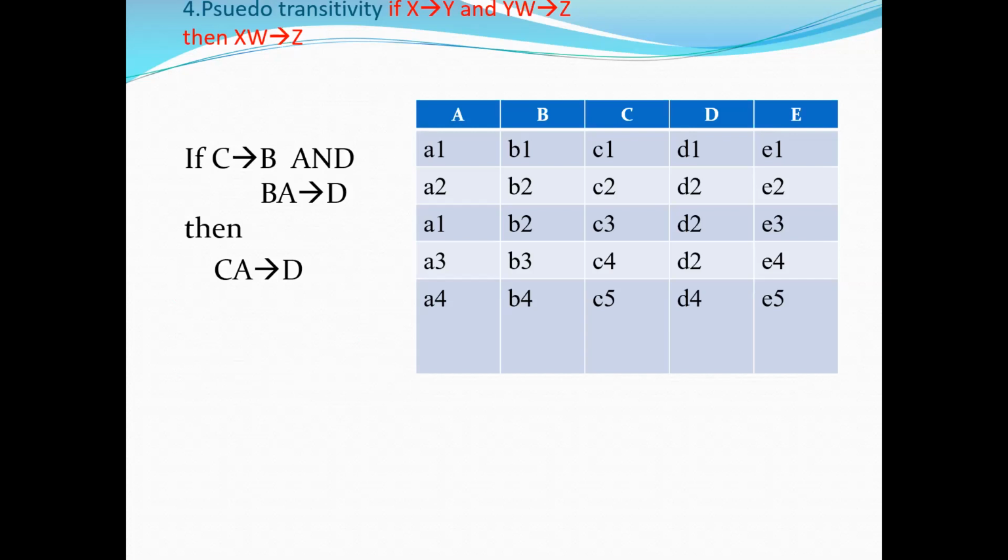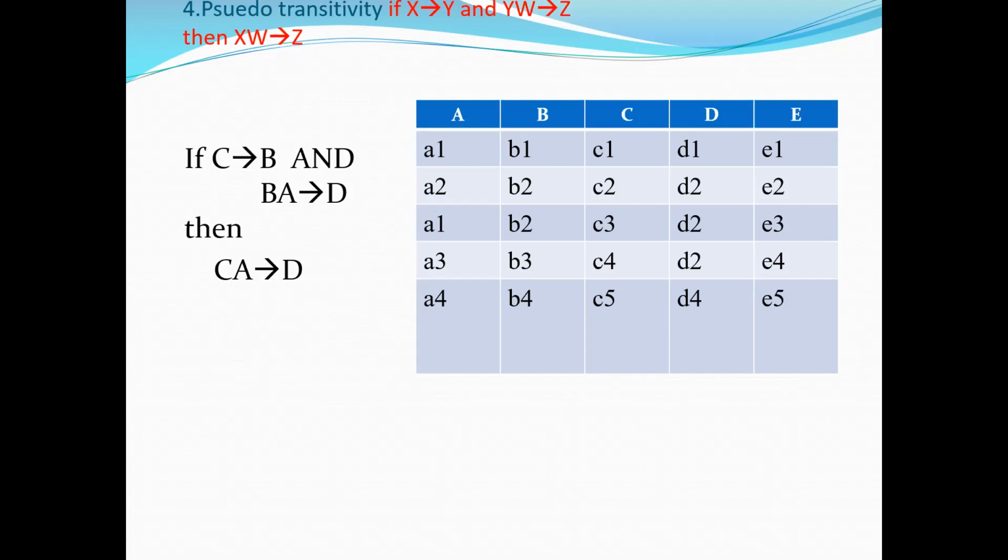That is, C1 A1 pair corresponds to value D1, no other C1 A1 pair exists, right? C2 A2 corresponds to value D2, no other C2 A2 pair exists. C3 A1 pair corresponds to D2, no other C3 A1 pair exists.